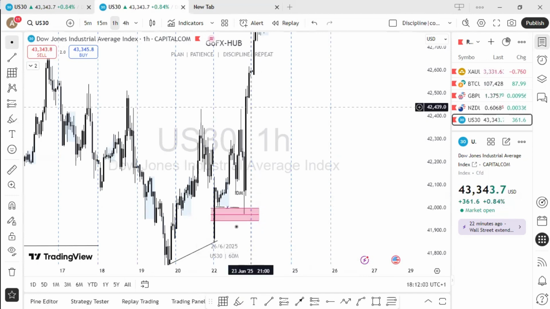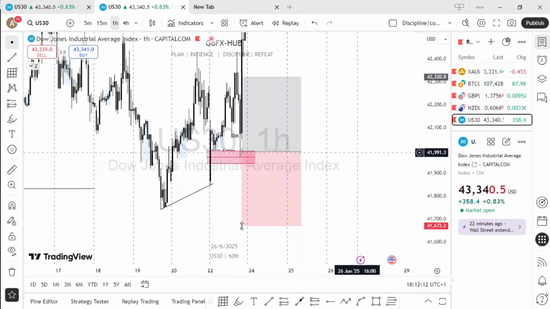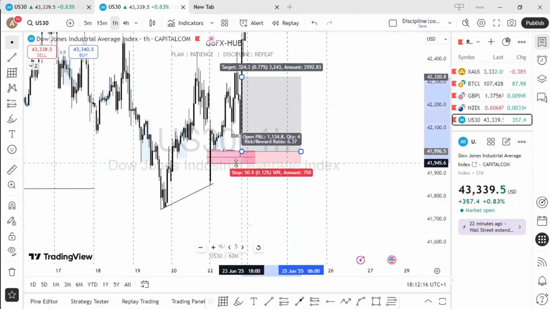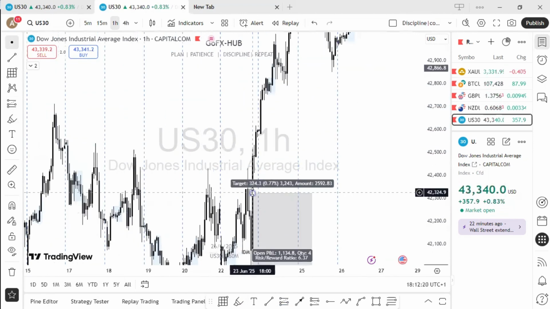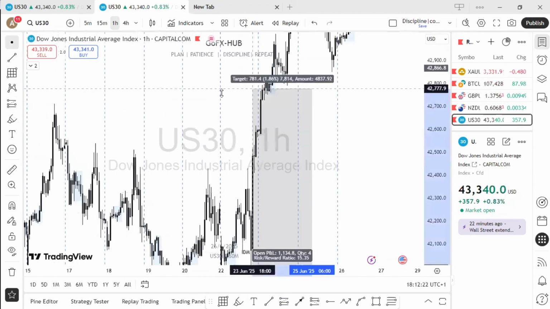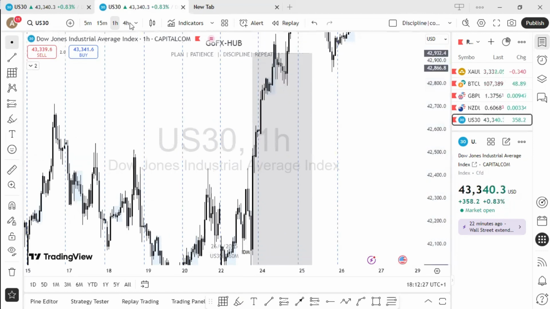So when it tapped in, I'm just going to take my entry straight upward, and I'm expecting it to break the real high at our 4 hours.